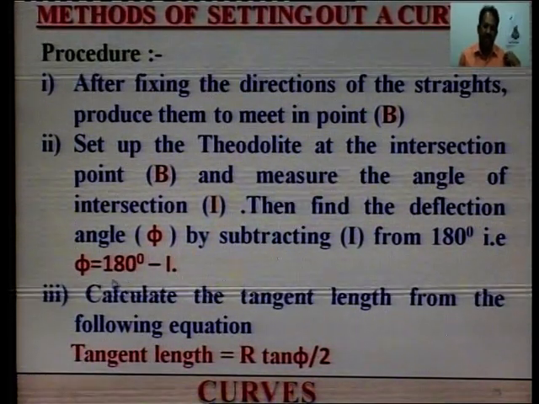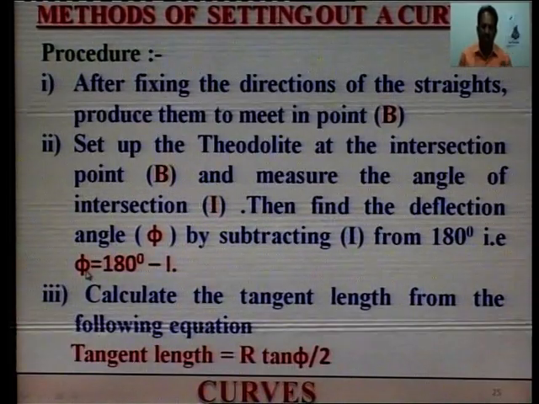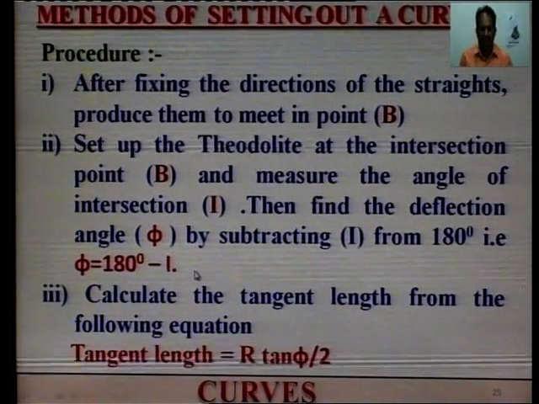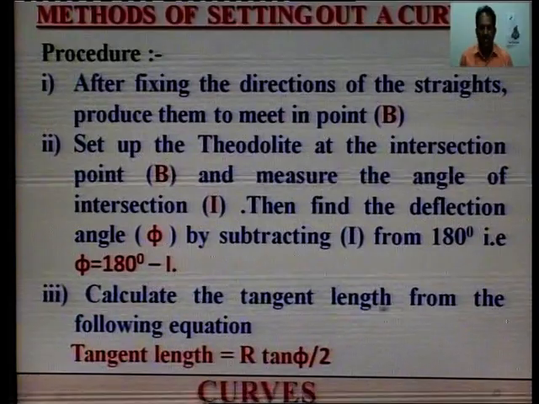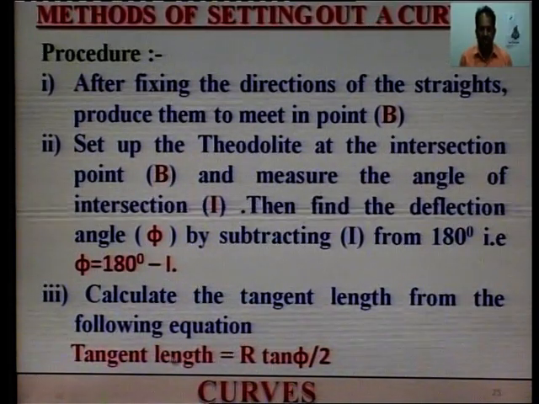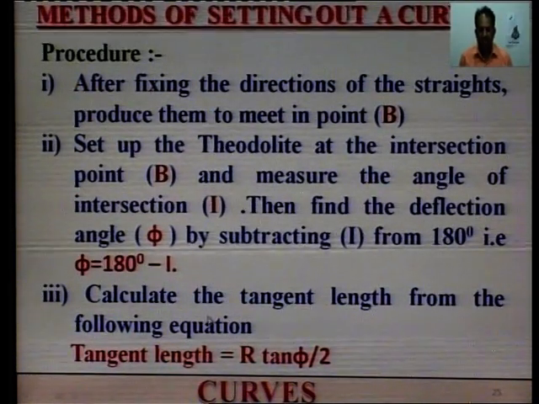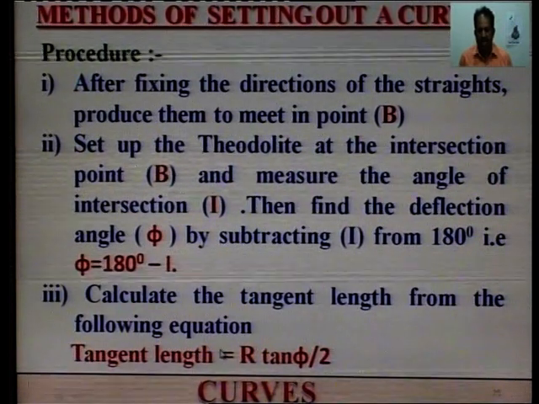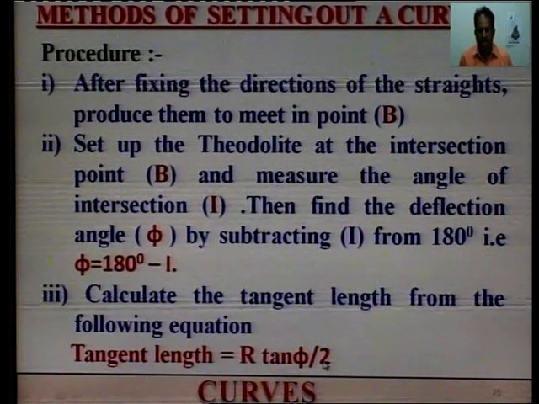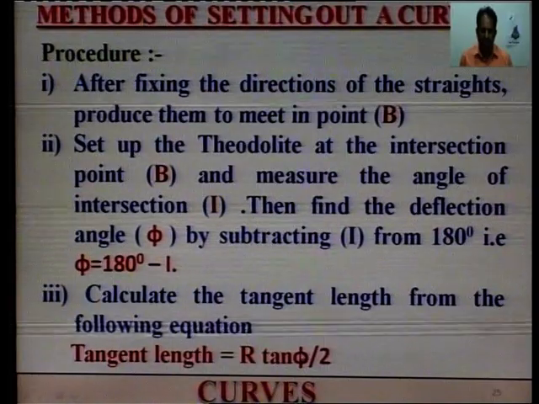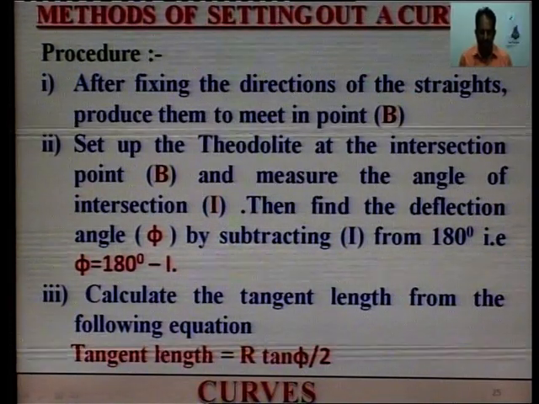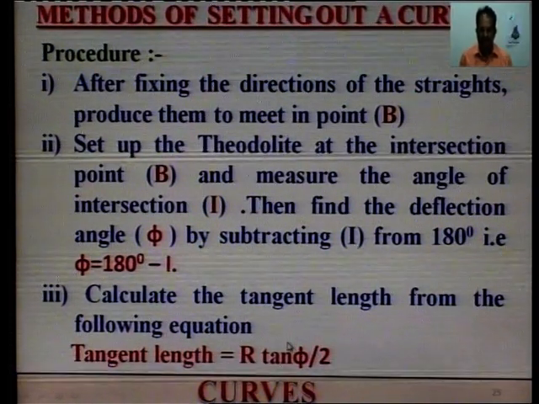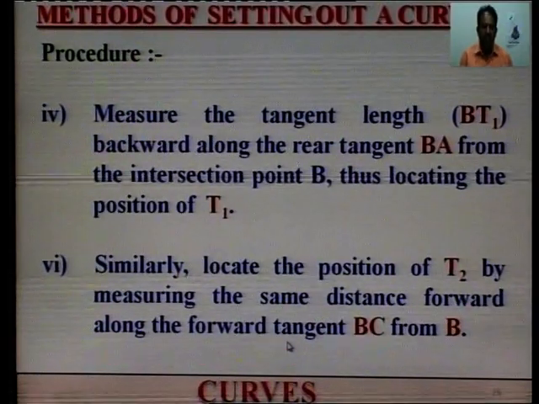So, if we have either of the two values, we can calculate the second one. Then calculate the tangent length: the formula is tangent length equal to r tan phi by 2. We know r, we know phi, so we can calculate the tangent length.